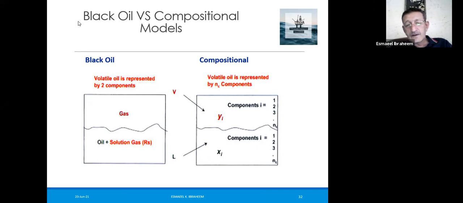Of course, the vapor includes 1, 2, 3 until n number of components, and the X, the liquid part, also contains several components. That's how these models deal with the volatile oil in the reservoir, either the black oil or the compositional.